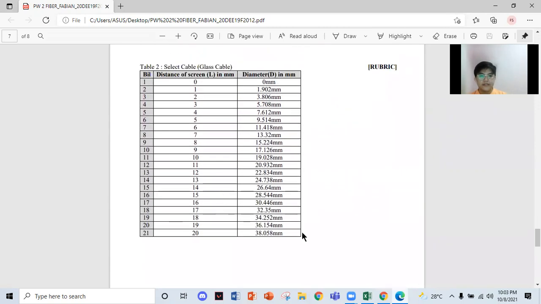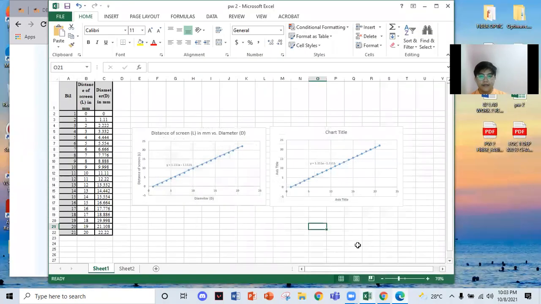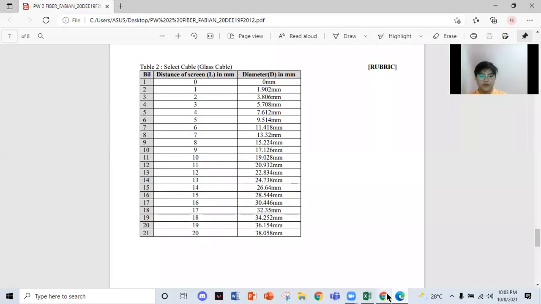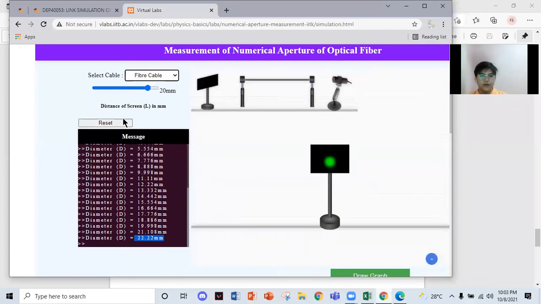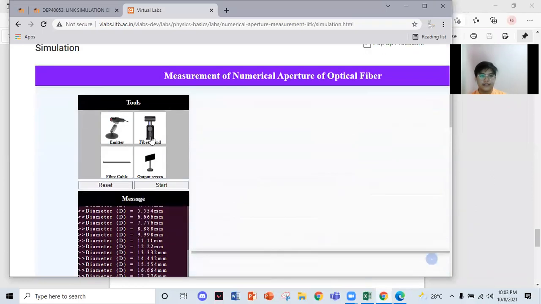So the second table is glass fiber. Earlier we did the experiment for the fiber cable. Now we proceed to glass fiber.